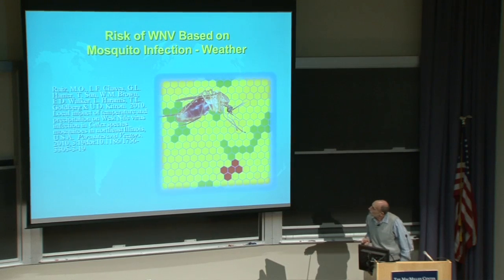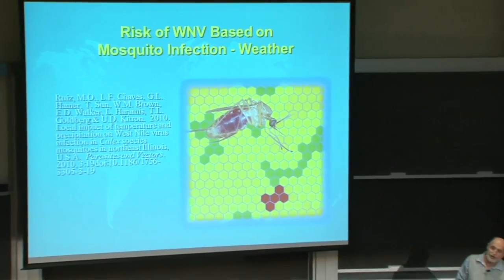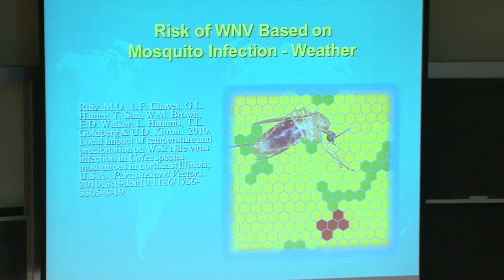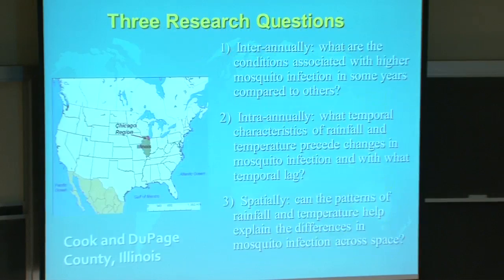Okay, so if we want to go a little bit finer and try to relate the spatial pattern of transmission to very local conditions. Again, the idea is that we really have to understand what is happening locally in order to figure out how those local conditions coalesce to give us the regional picture.